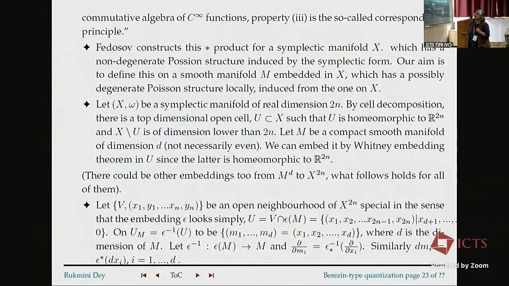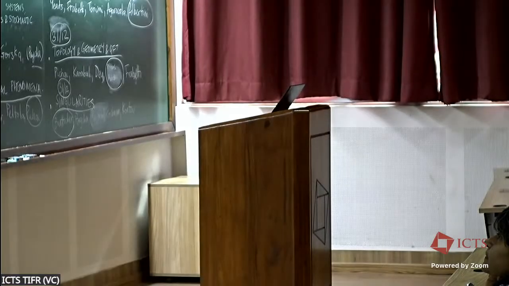So locally, using the inverse function theorem, you can think of the embedding locally as, let me just say it on the board. Here is M, here is X, and here is M sitting there.